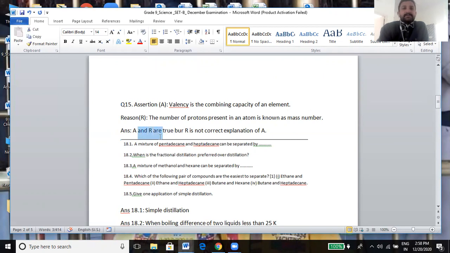Okay, the number of protons is known as atomic number. Here A is correct and R is wrong. ठीक है, that is incorrect.